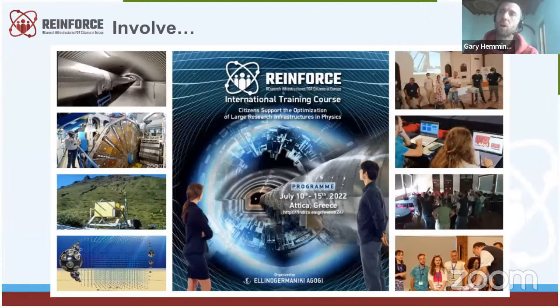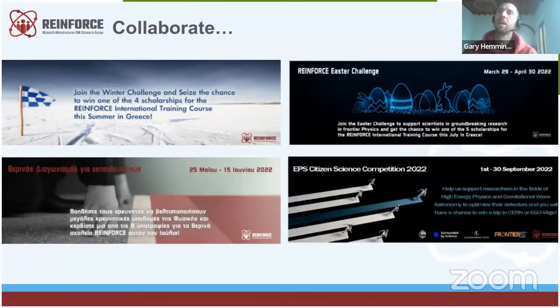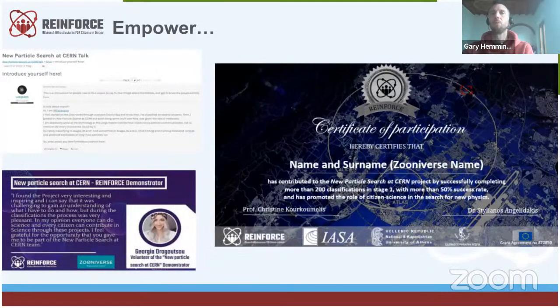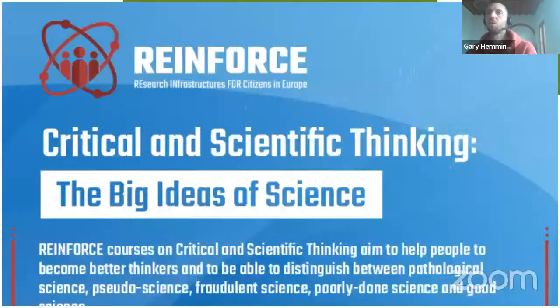We've done a lot of training courses in terms of involving. Collaborating, there have been all kinds of challenges that have taken place. Consulting, again, there's been a lot of back and forth and feedback with different volunteer communities. And in terms of empowering as well, I'll let Manolis give more information on that shortly.